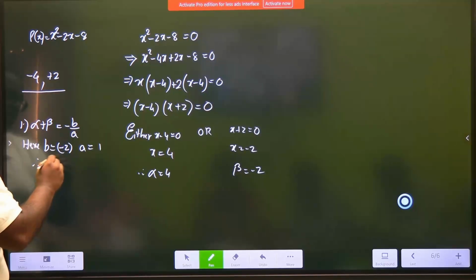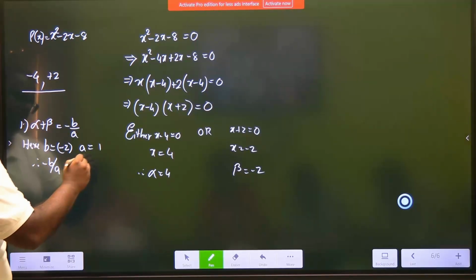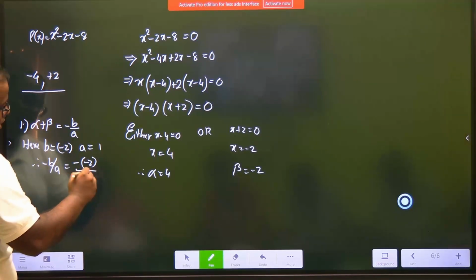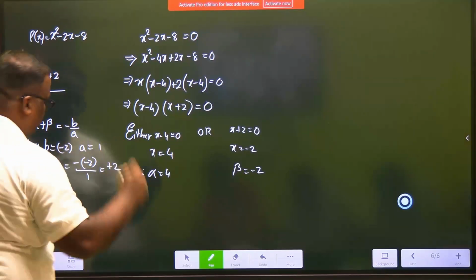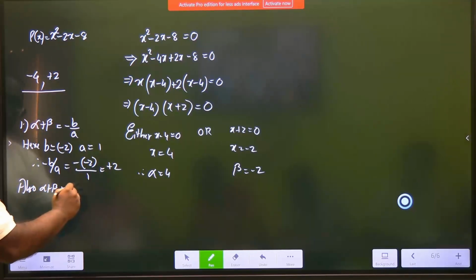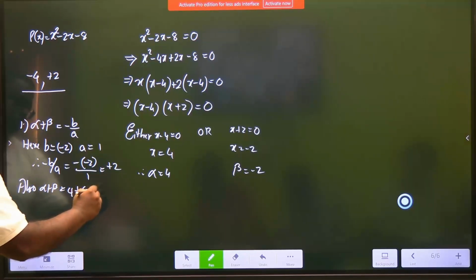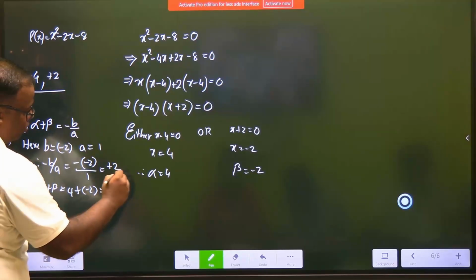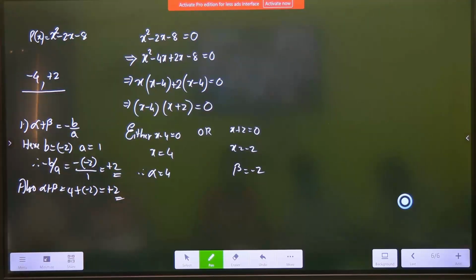Therefore, minus b by a is minus of minus 2 divided by 1, which is plus 2. Also, alpha plus beta is equal to 4 plus minus 2, which is equal to plus 2. Hence verified. Did you understand?